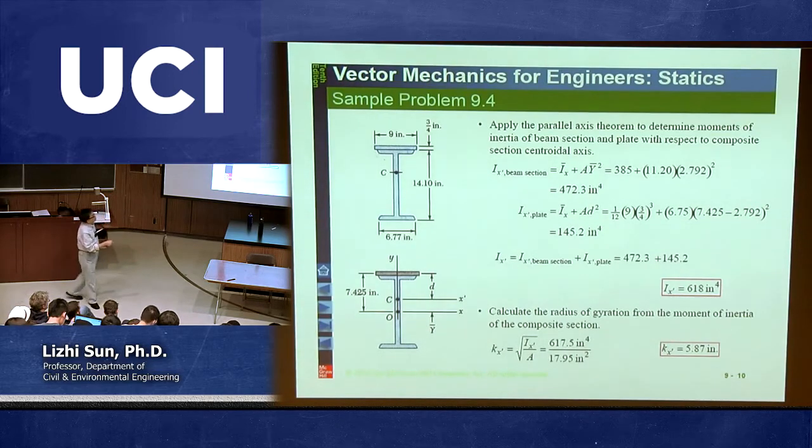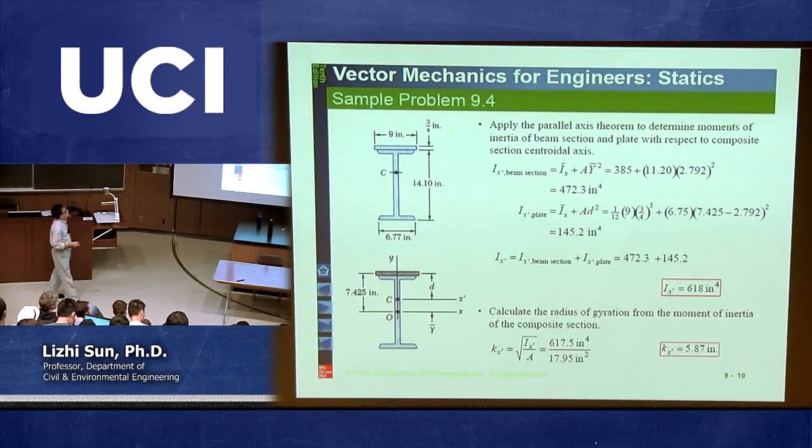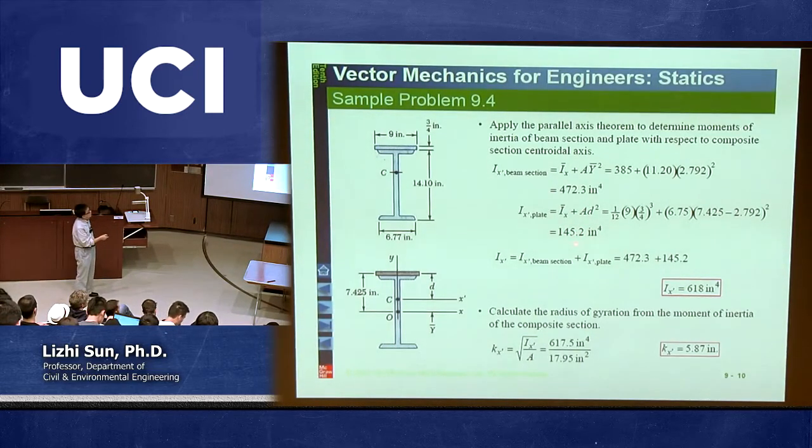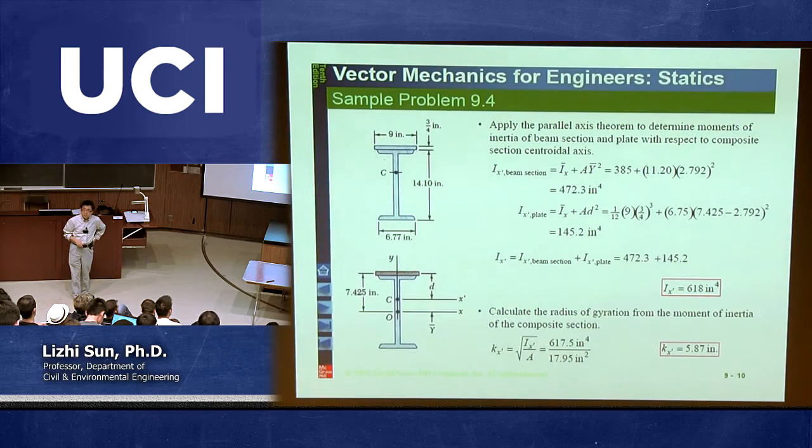Then you punch your calculator and you get another number, 145. And the 145 inch to the 4th power is the second moment of inertia with respect to x prime based on this rectangular cross-section. That's the second part.